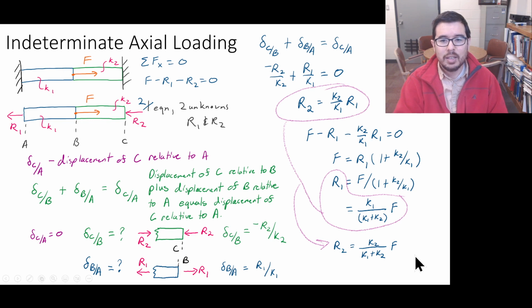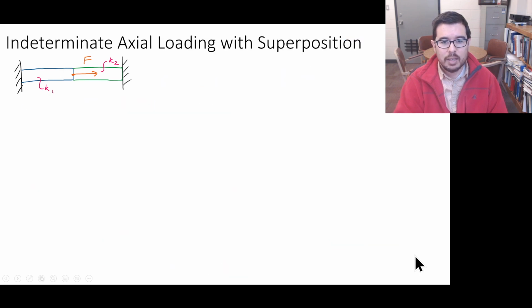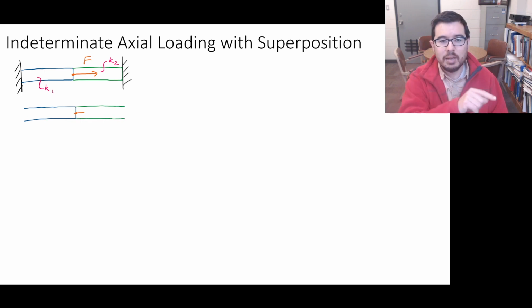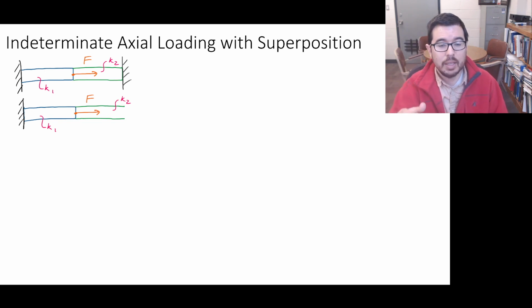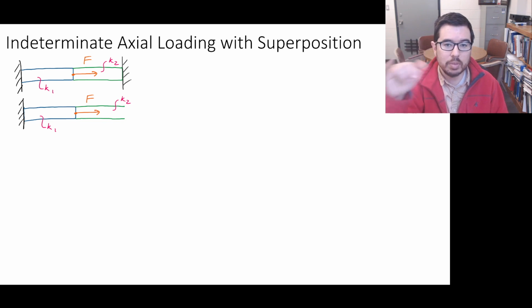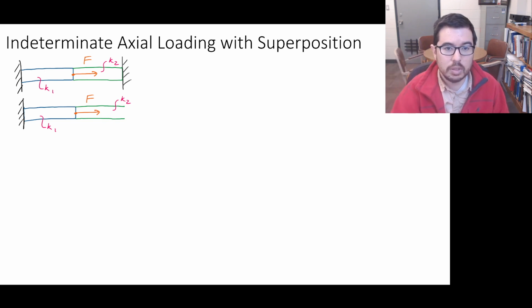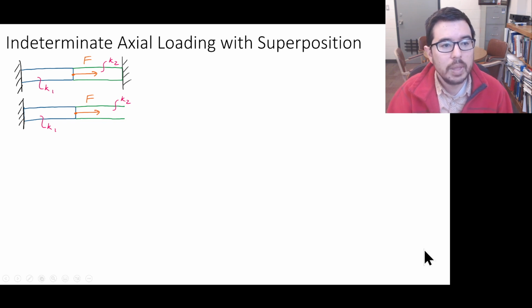So let's look at another way of attacking this problem. This time, we're going to attack it with superposition. So before, we were using geometric compatibility and using our relationships for a spring to solve that equation with two unknowns, to have two equations with two unknowns.